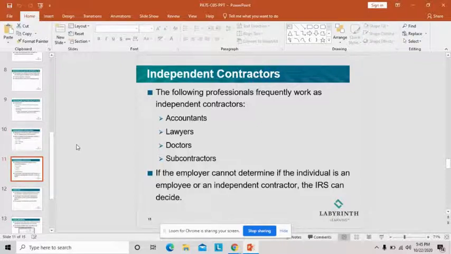So in terms of accountants, you could think of auditors, third-party auditors that may be auditing a company. That is a requirement from many large publicly traded corporations with investors. You have people hiring lawyers for various civil and criminal suits. Doctors as well, who might have a private practice.